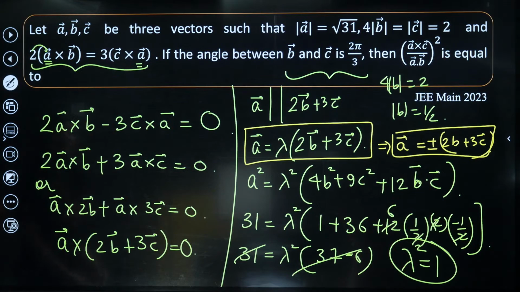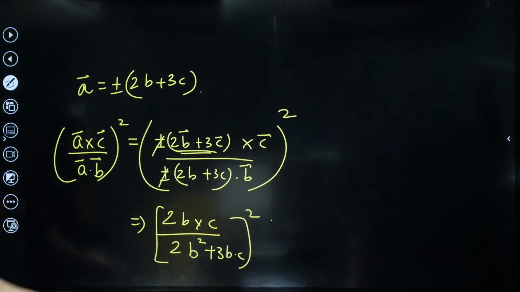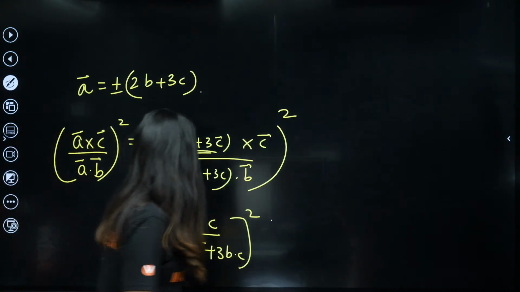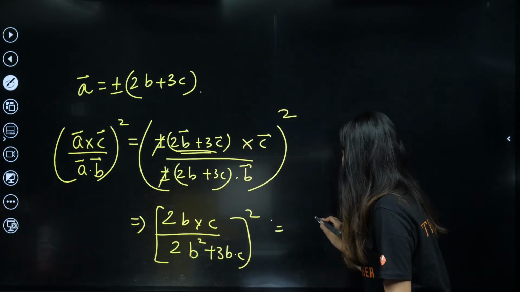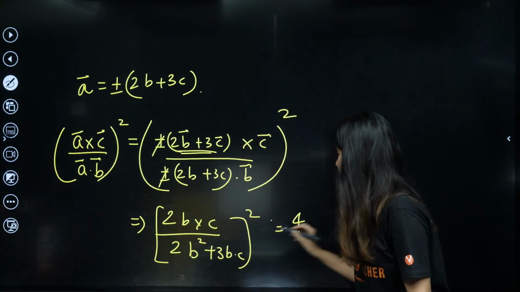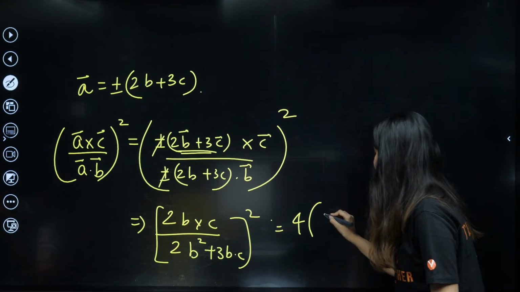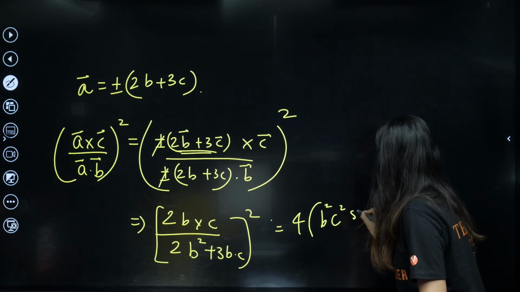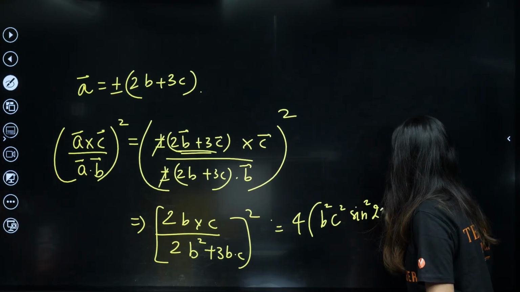Now B cross C we can definitely calculate. So B cross C would be, 2 is there, so 4 times B cross C square. So B square, C square, sine square 2 pi by 3.